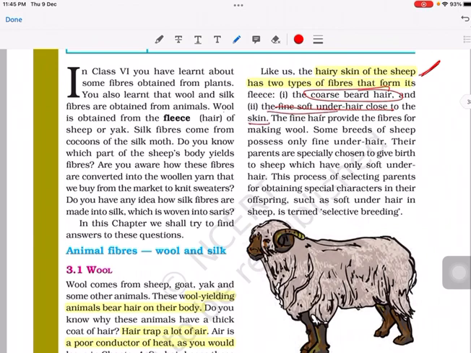The fine hair provides the fibers for making wool. Some breeds of sheep possess woolly fine hair. So some sheep have two types of wool: some are coarse, and some have softer hairs. And these softer hairs are used to make the wool.